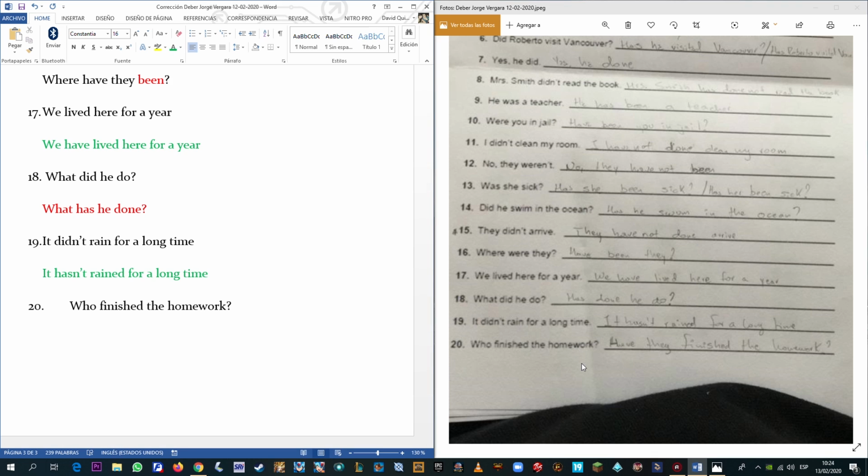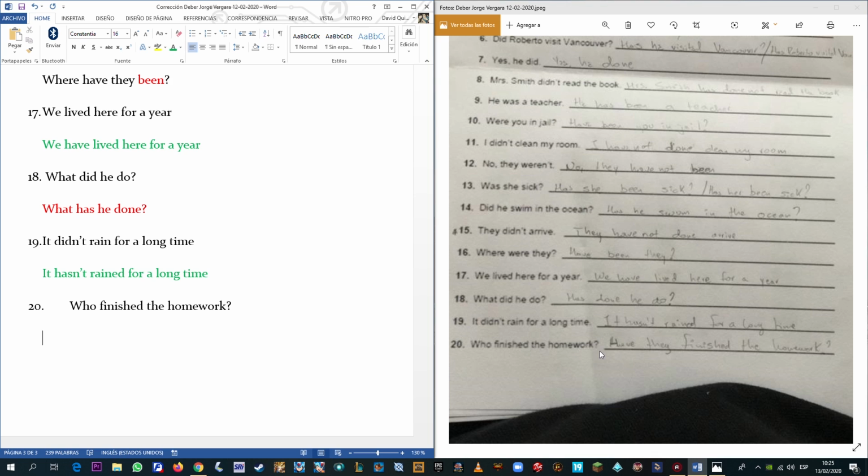Okay, now the last one. It says who finished the homework, and the student wrote, have they finished the homework. It is correct as it is if it was only the question in a present perfect form.